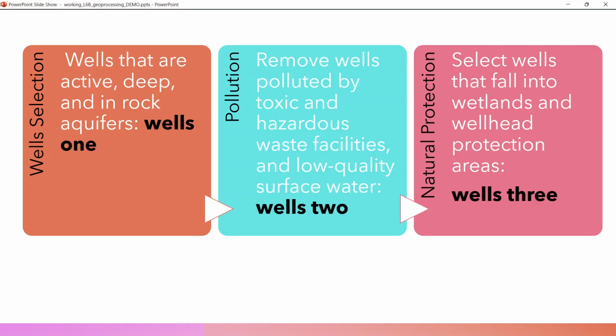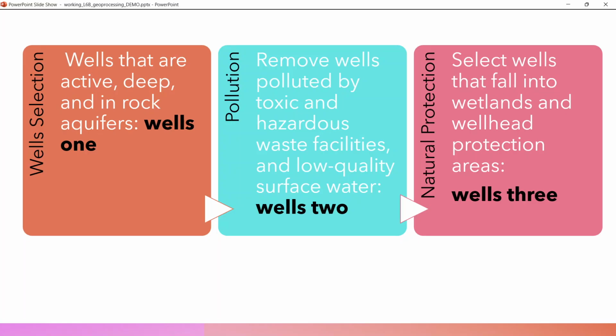So the whole analysis can be divided into 3 stages. First of all, we are going to use all the wells in Ingham County, and we have to select a specific subset that meets 3 criteria. First of all, we want active wells, wells that are in use right now. Second of all, we want wells that are relatively deep.